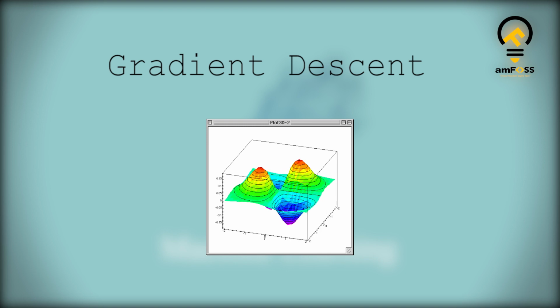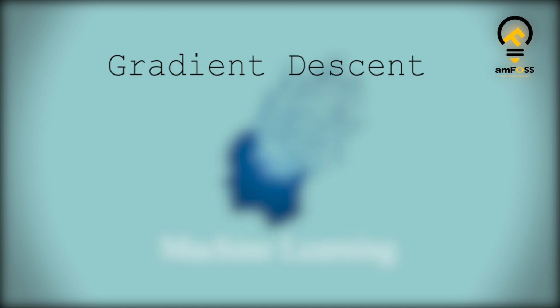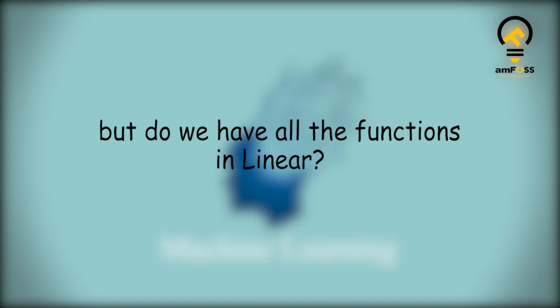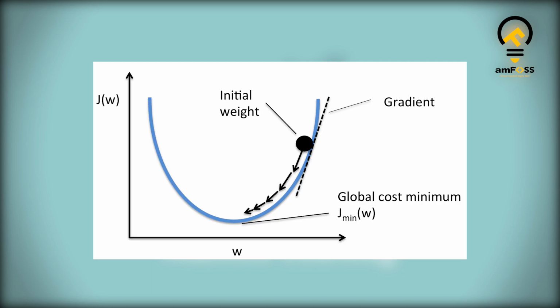But the problem with the neuron is, if you look at the mathematical model, we find the weighted sum. So this is a linear system, so it can only generalize linear functions. But do we have all the functions in linear? Nope. Even if we take the trajectory of a ball rolling on a plane, it has a degree 2 equation.